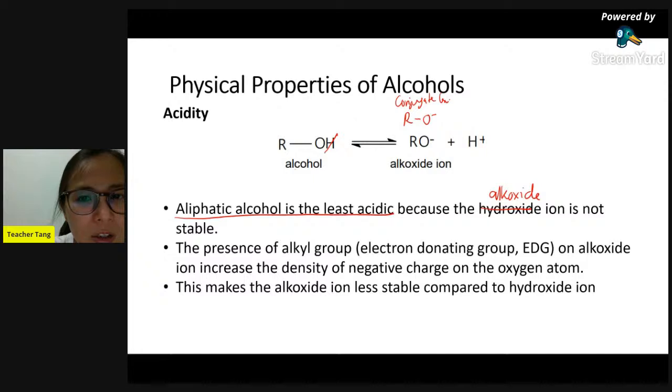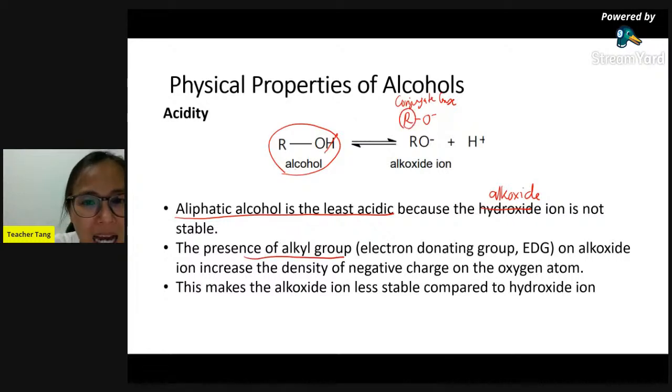And this conjugate base is not stable because the alkyl group donates electrons to oxygen. This oxygen is already very electron-rich, with a negative charge, and then this alkyl group gives it even more electrons, making it even more unstable. Because of that, aliphatic alcohol is the least acidic, because of the alkyl group.